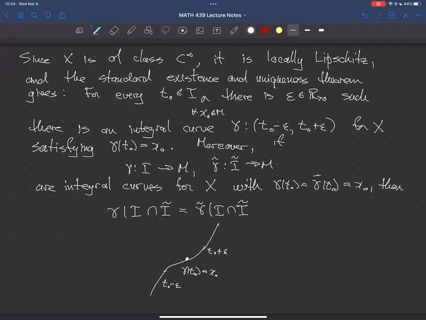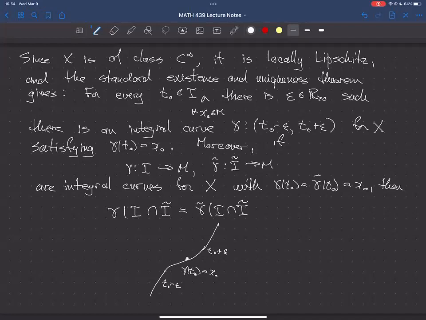At some point, there may come a time where it is no longer possible to define the integral curve. What happens is that the integral curve might blow up to infinity. I don't know what you do in your differential equations, but maybe you remember having seen an example of a differential equation whose solution blows up in finite time. It's very simple, not pathological in any way. Just take the scalar differential equation x dot equals x squared.